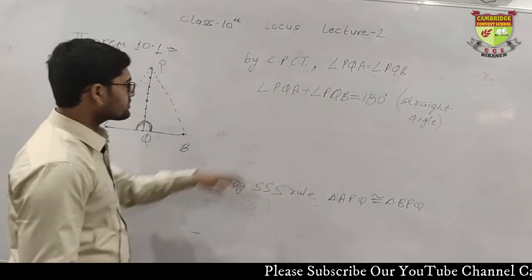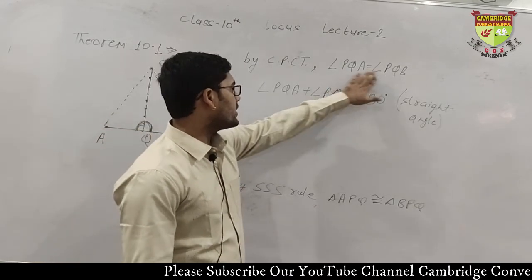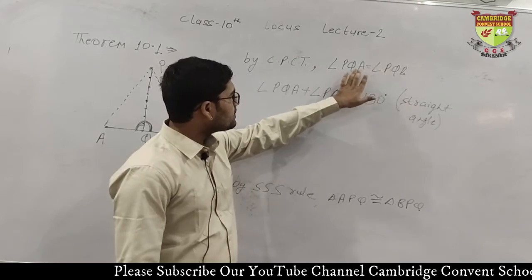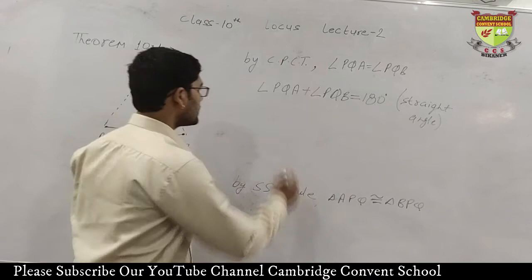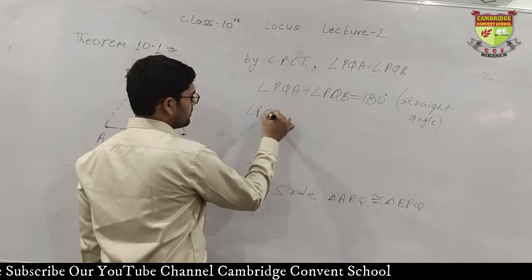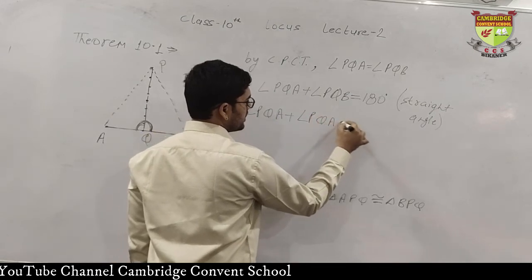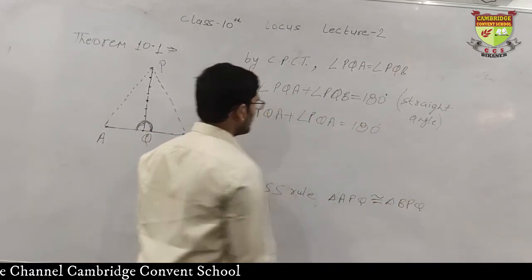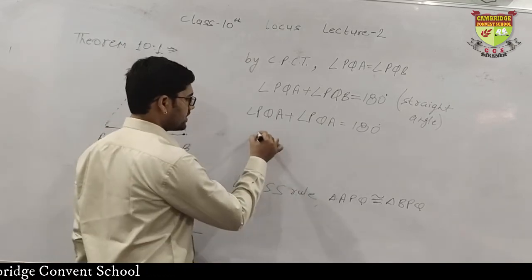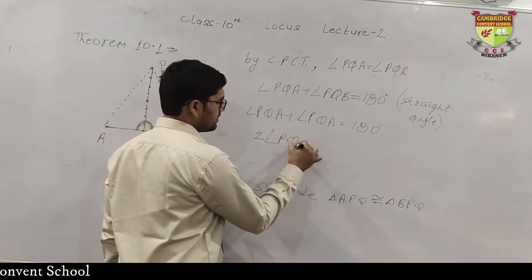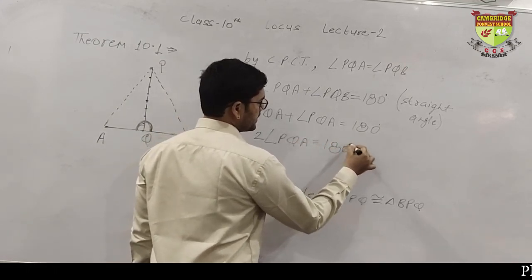Now what? PQA is equal to PQB. At the place of PQB, I can write PQA because both are equal. So PQA plus PQA is 180 degree. So I can say 2 angle PQA is 180 degree.